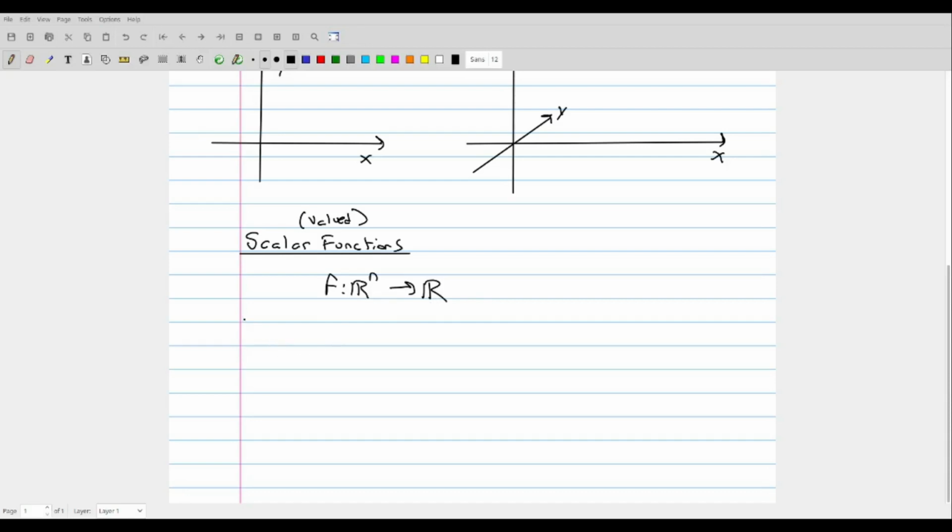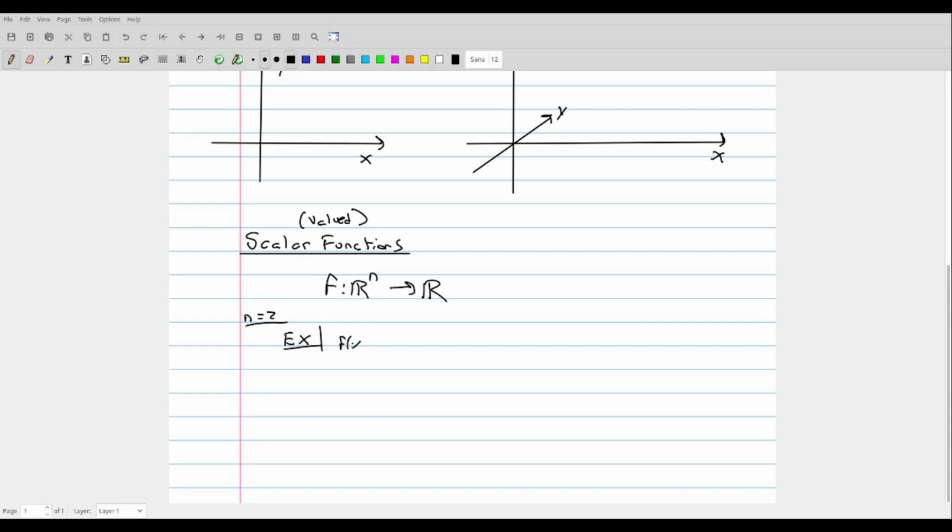Specifically, we'll consider when n equals 2, so two-dimensional functions. So for example, a function of two variables, you can come up with a number of different examples.